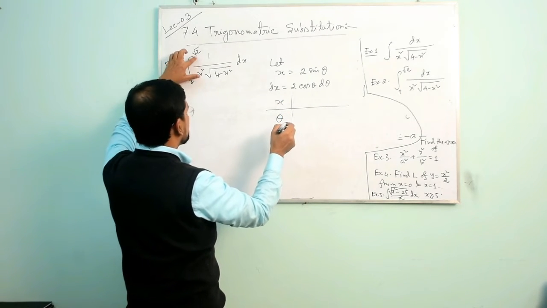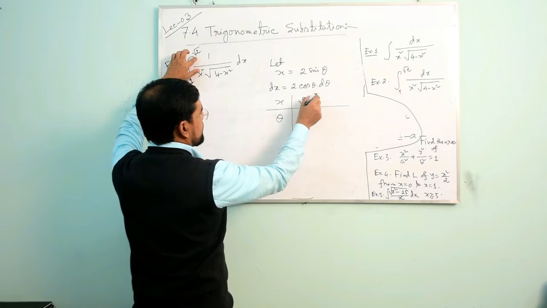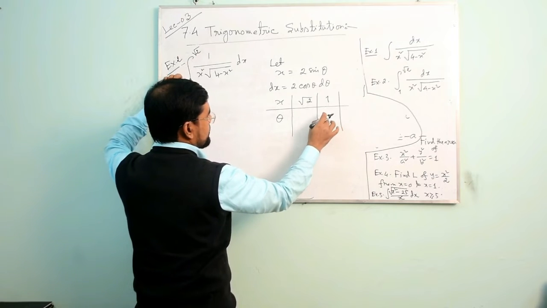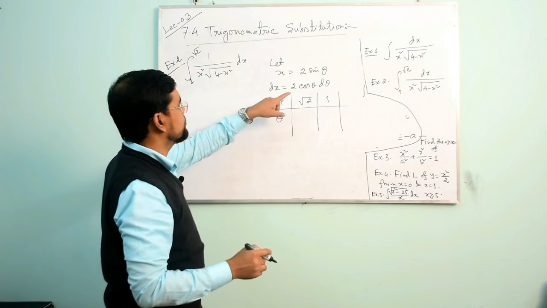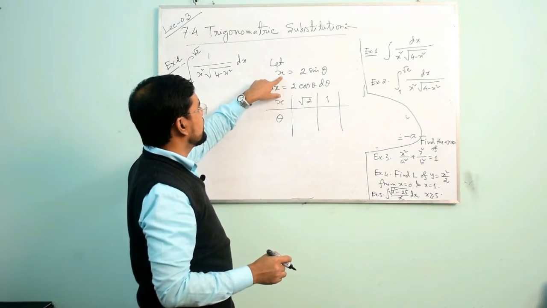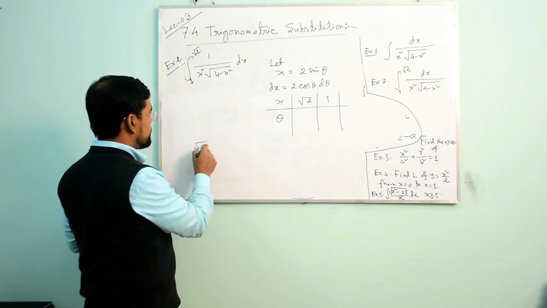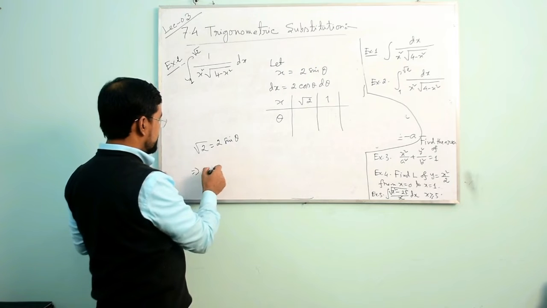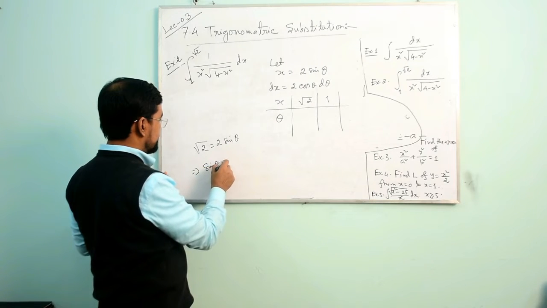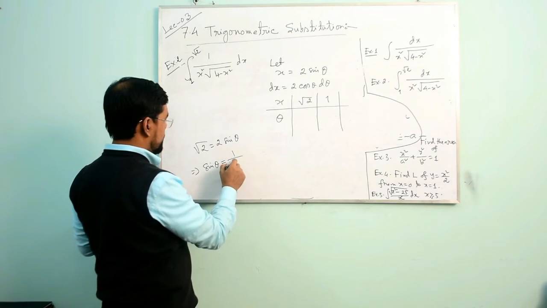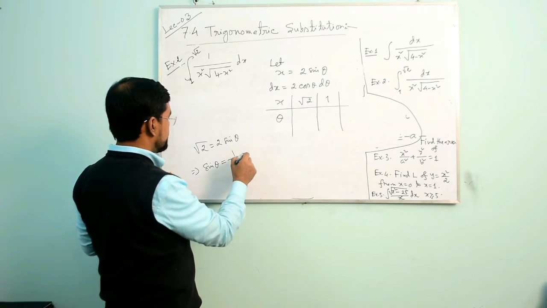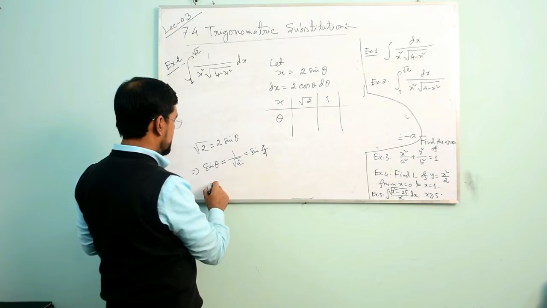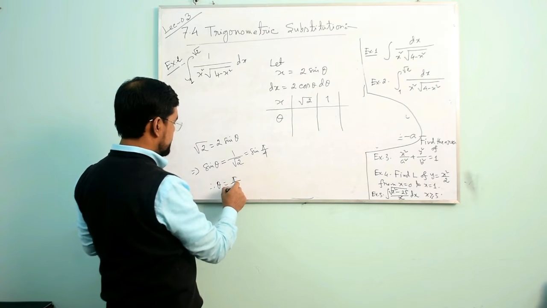When x equals root 2, what is theta, and when x equals 1, what is theta? If x equals root 2, then root 2 equals 2 sin theta, so sin theta equals 1 by root 2, which equals sin pi by 4, therefore theta equals pi by 4.